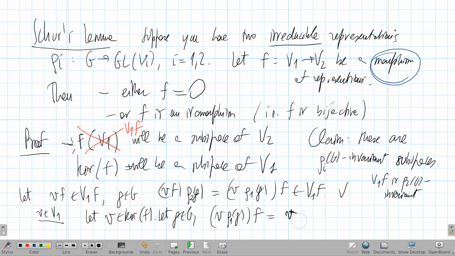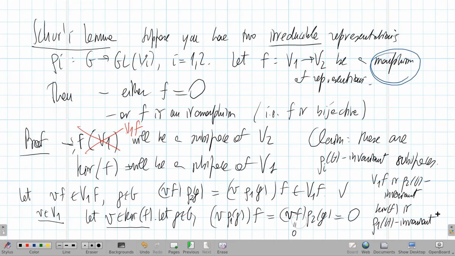So this is vF rho 2 of g. Recall, when F switches to the right, rho 2 becomes rho 1. When F switches to the left, rho 1 becomes rho 2. And the hypothesis is that v is in the kernel, so this is 0, because this is linear. So we have proved that the kernel of F is rho 1 of g invariant.